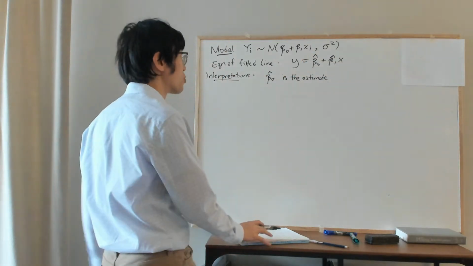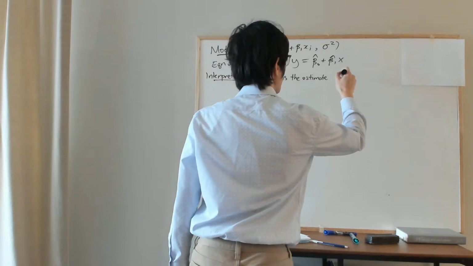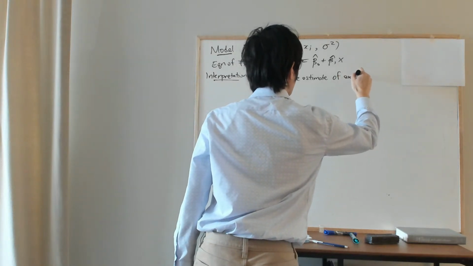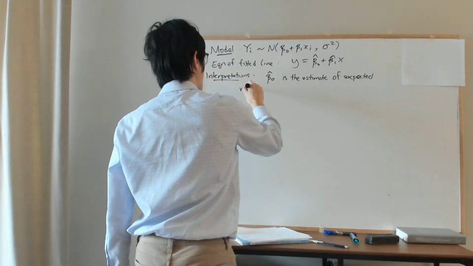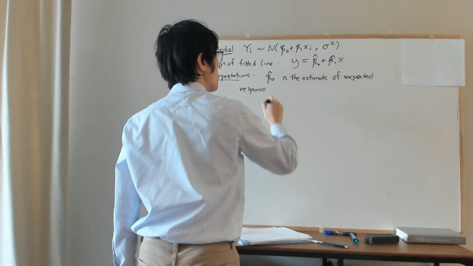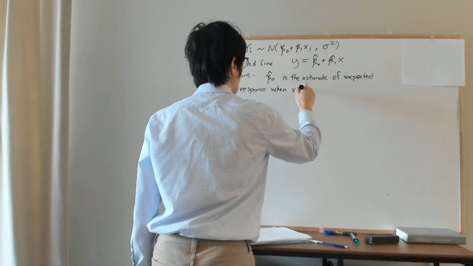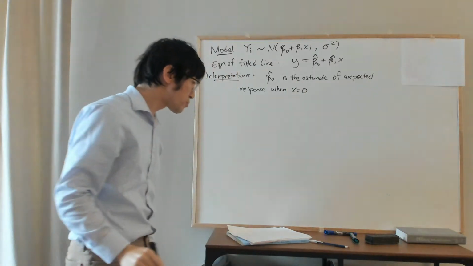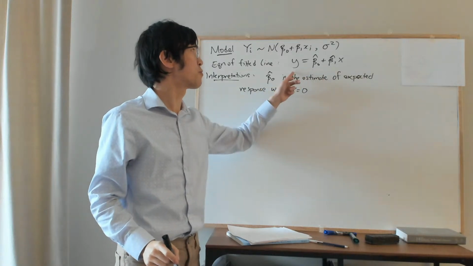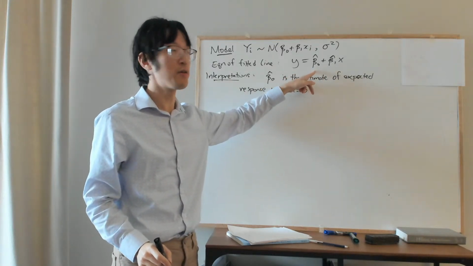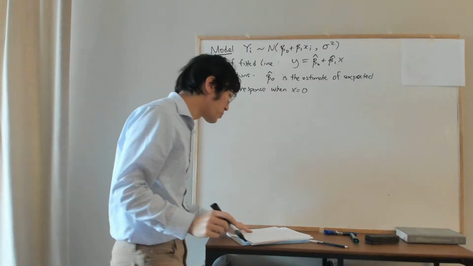And so we can interpret it as the estimate of the expected response when x is 0. And in terms of the graph, we know that beta 0 hat is the y-intercept of our estimated regression line.